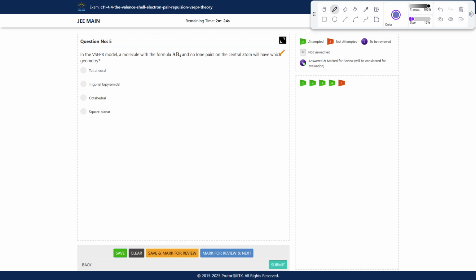AB4 means no lone pair, so it will look like this. 4 bond pairs are there, and we know if there is no lone pair, then the steric number is simply equal to the number of bonds. So we can write steric number equals 4, and steric number 4 corresponds to tetrahedral shape. Now we have attempted all the DPPs.